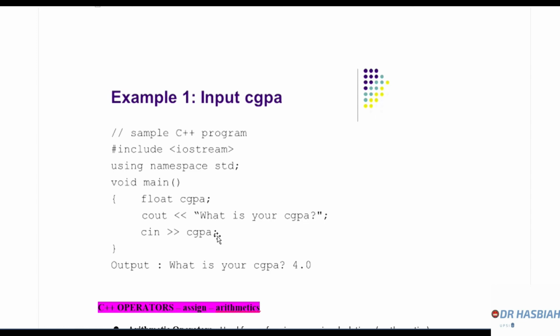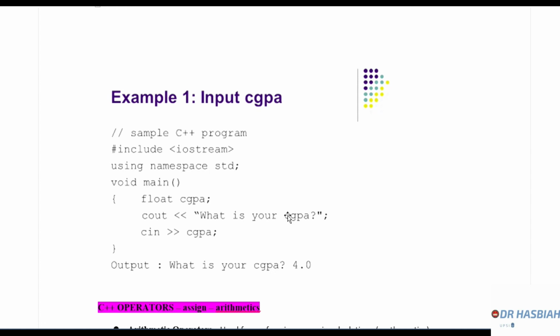As I said just now, before you use any cin statement, you should have the prompt there. So let's say I use the prompt here: cout what is your CGPA. Then the cursor will blink here and wait until the user inputs the value. When we run this program, the output will be what is your CGPA, then I type 4.0.